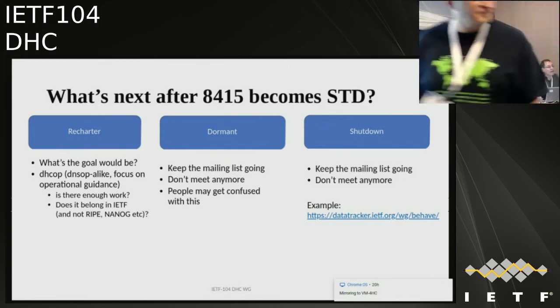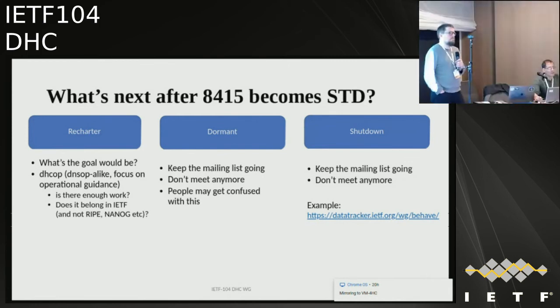Stephen Morris, ISC. Two things. One is follow the model of the TCP maintenance and minor extensions group, which focuses on correcting bugs in the protocol and then very modest extensions. And the other thing about shutting down the group is I would cast your minds back a few years when we had two DNS groups.